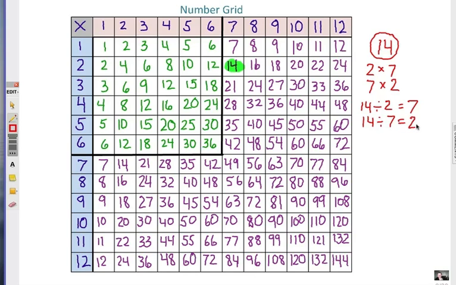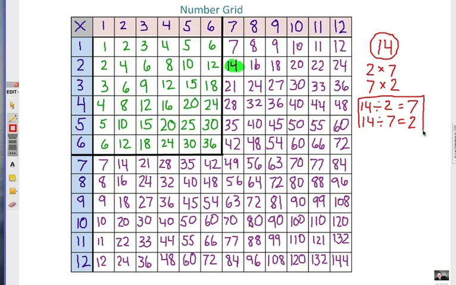When I highlight a number like 14, you should be able to tell me the multiplication facts. In order to do that, you're actually thinking about division. You see the 14 highlighted and you think, what goes into 14? What can divide into 14? That's where we come up with these division facts.